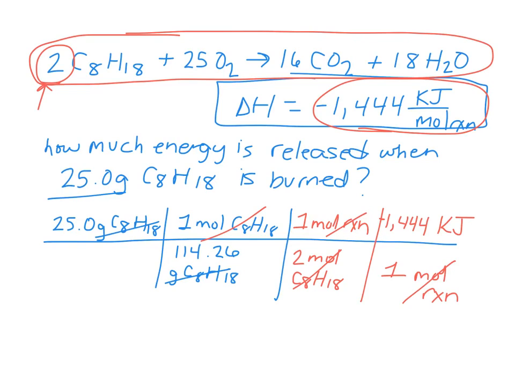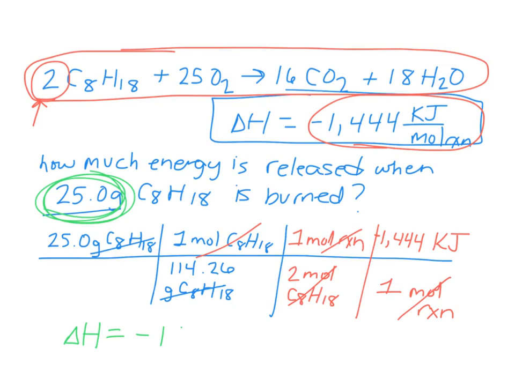I can multiply across the top and divide by what's on the bottom. That's going to give me delta H if I burn 25 grams of octane. We're not going to say delta H of reaction, because this is just delta H for 25 grams of octane. It is going to be negative 158 kilojoules.